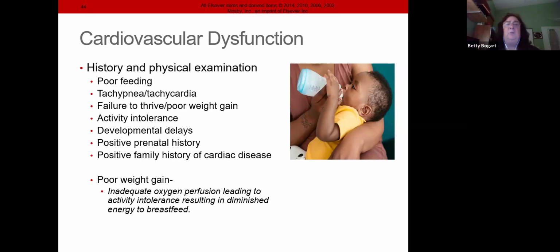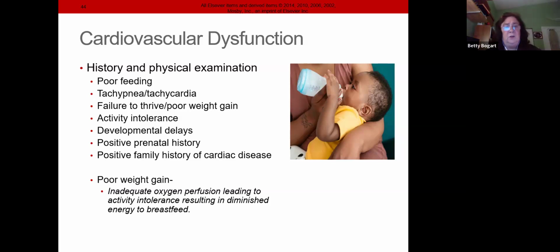She had a history of feeding problems. She was tachypneic. She was tachycardic. She was small. She had poor weight gain. She had no tolerance. She could barely eat without falling asleep. And because she wasn't getting nutrition, developmental delays, okay?